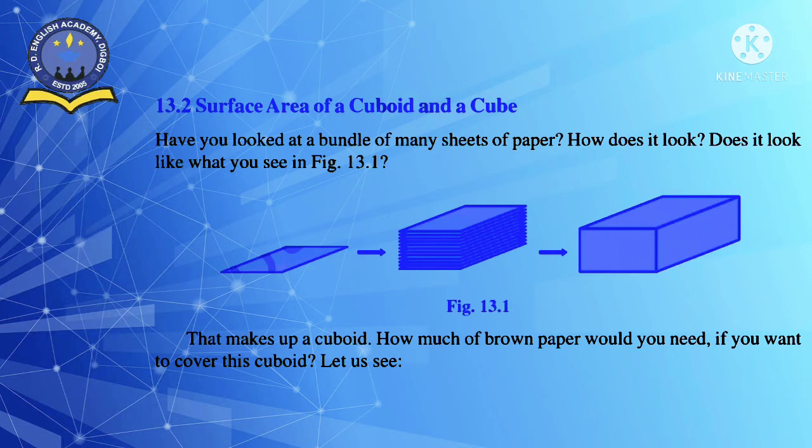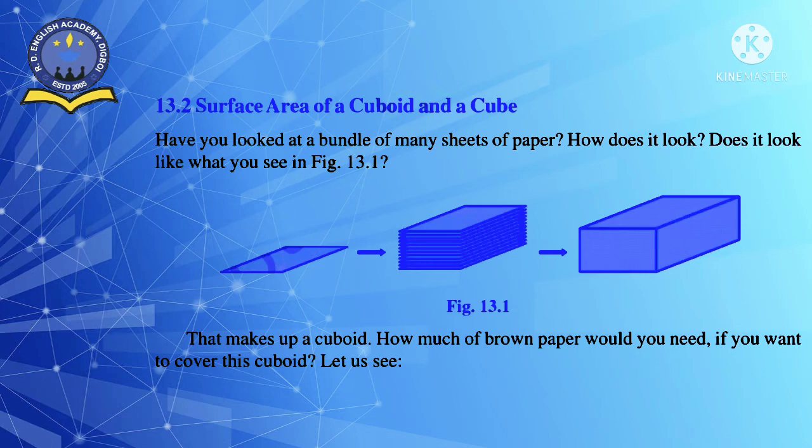Now here the first one, as you see written, is the surface area of a cuboid and a cone. That means we have to find out the surface area of a cuboid. As you see written here, have you looked at a bundle of many sheets of papers? The figure is mentioned.